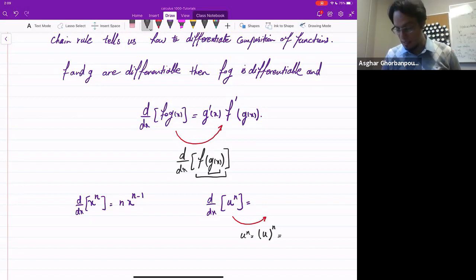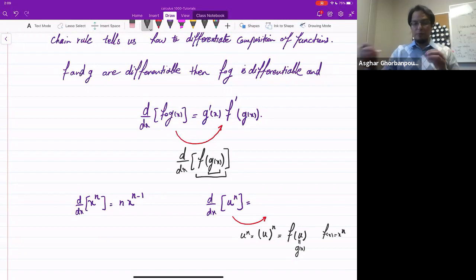In other words, this is f evaluated at u, where u is g(x), and f is x to the power n. If you apply the chain rule, this will be the derivative of the inner one, which is u prime, times the derivative of the outer one.